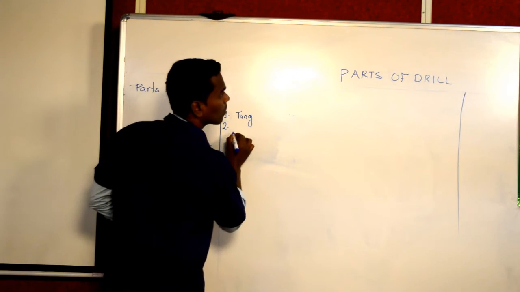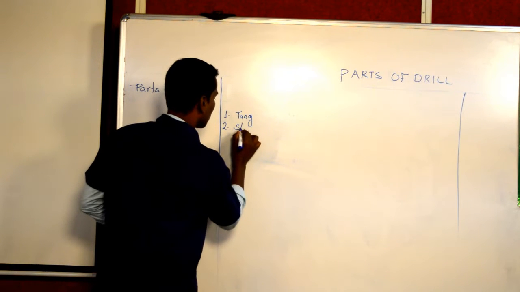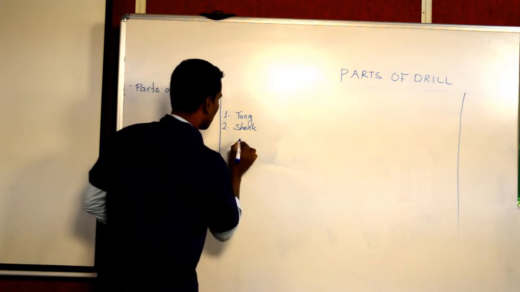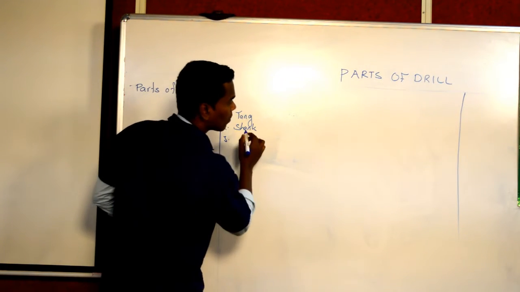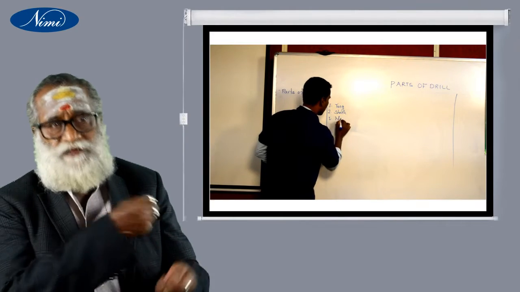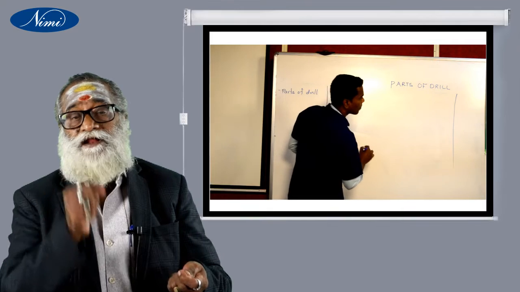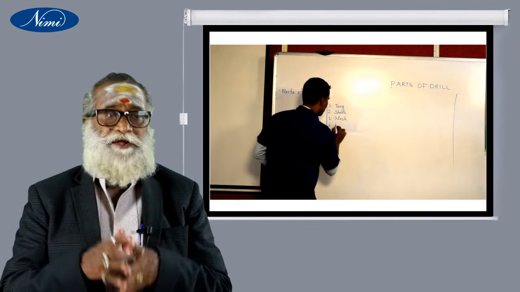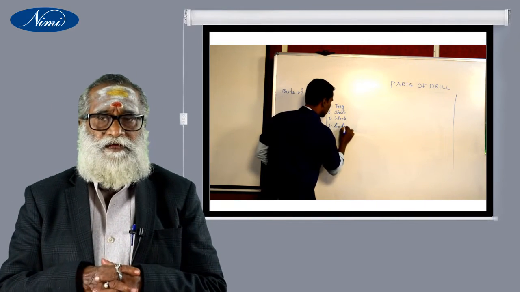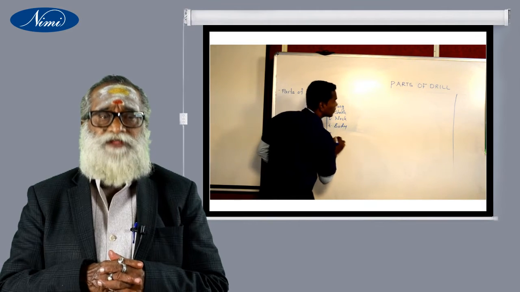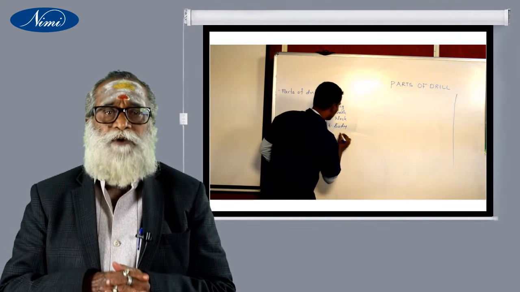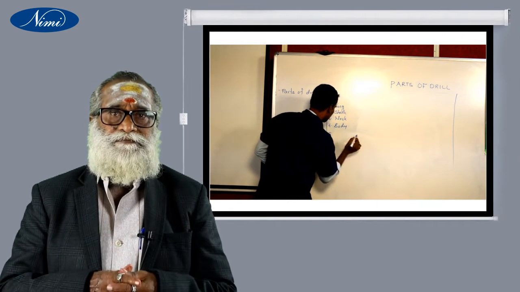Instead of that, he can take the lesson plan, where he has written the parts of the drill bit. So, by seeing the lesson plan, he can write it on the board. That is correct, but not by seeing the chart every time and writing. So, that can be avoided. These are the mistakes he has committed while taking the micro teaching class about the drill bit.